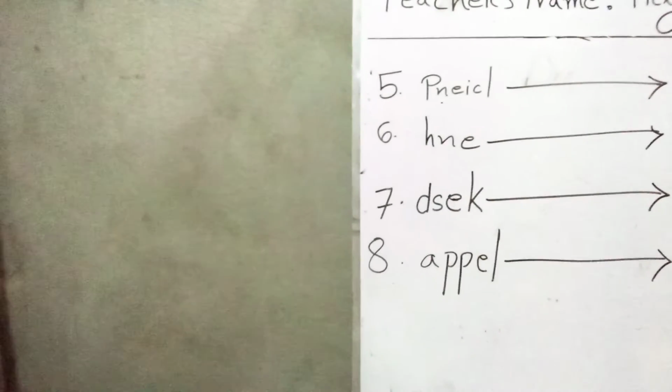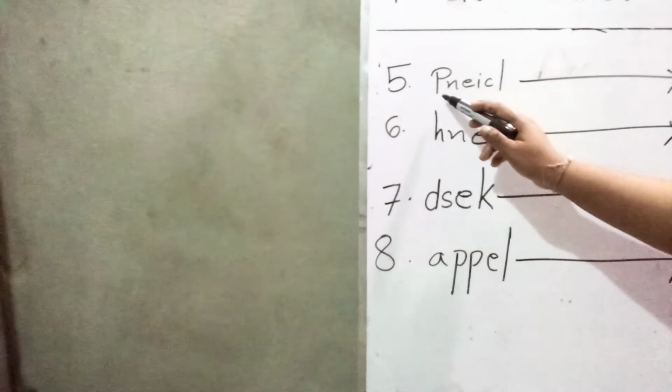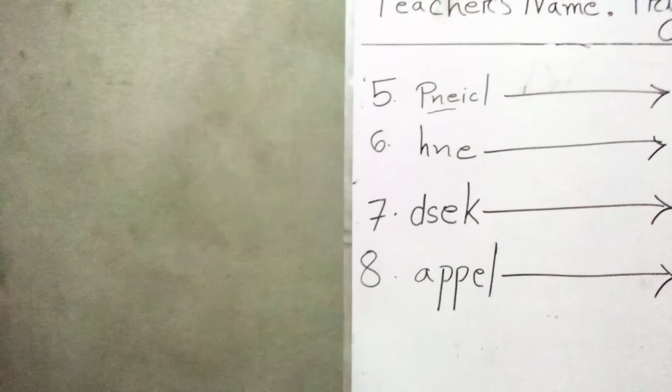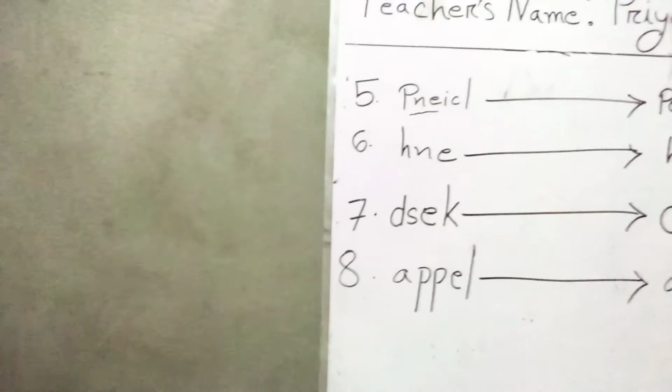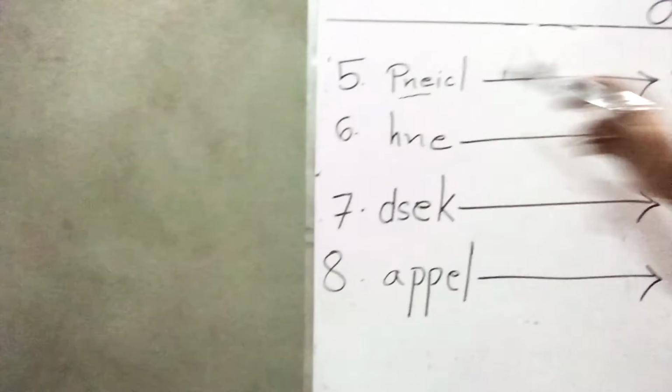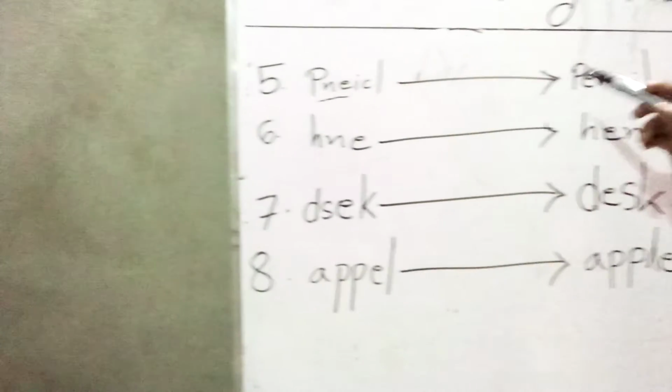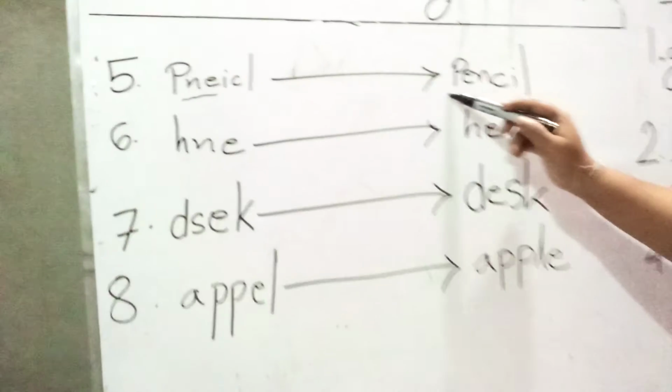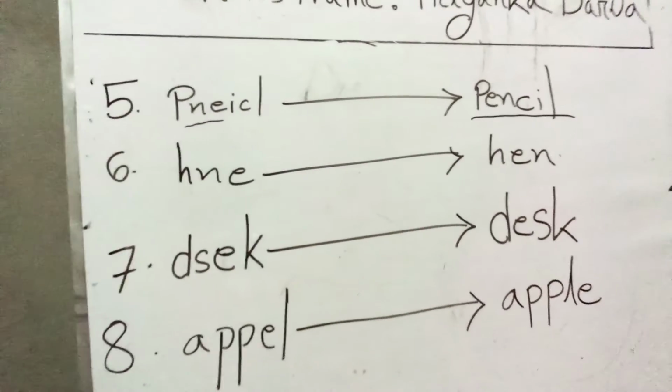Then number 5 is PNEICL. Does it mean anything? No, we can't even pronounce it. If we place the E before the N, that will be PENCIL. That means pencil. Pencil is a new word.